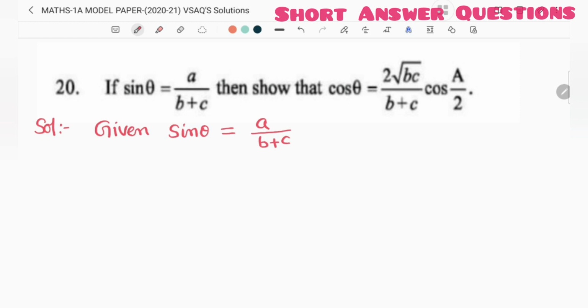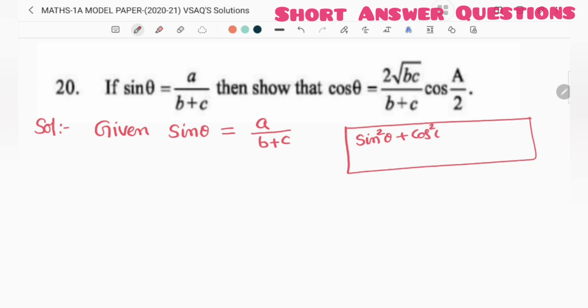From trigonometric identities, sin square theta plus cos square theta is equal to 1. So cos square theta is equal to 1 minus sin square theta. From that, make cos theta the subject. If you remove the square, the square root will come.